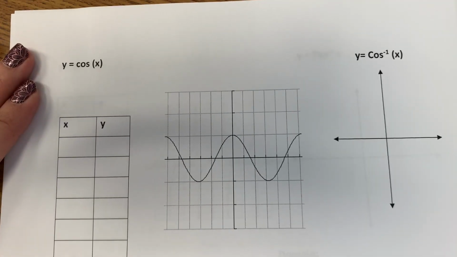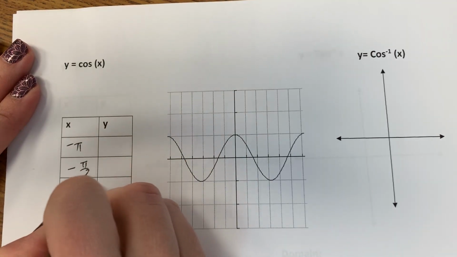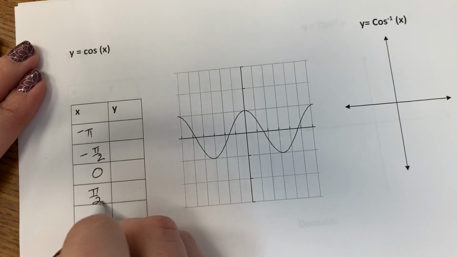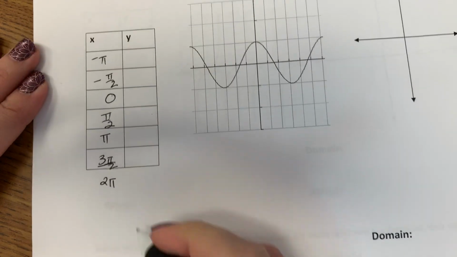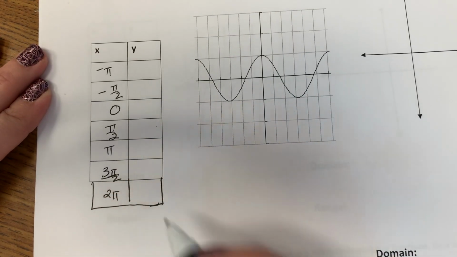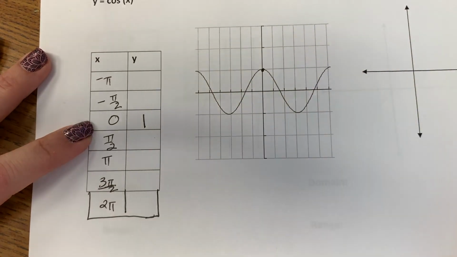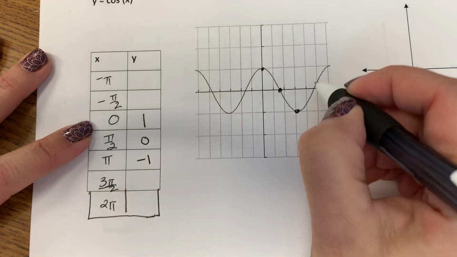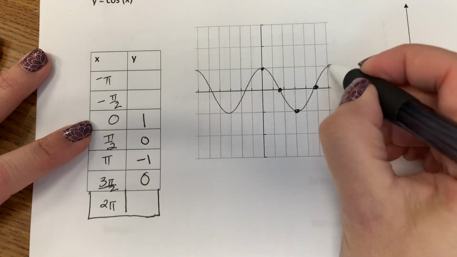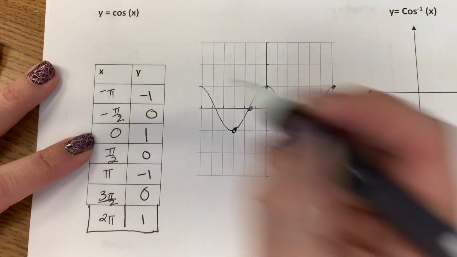So we're going to do that again for the cosine function. Here's cosine. We're going to go -π, -π/2, 0, π/2, pi, 3π/2, 2pi. Again, it's all our quadrantal angles. So the cosine graph at 0 has a y value of 1, and then 0, -1, 0, 1, then we're going to go backwards, 0, -1.